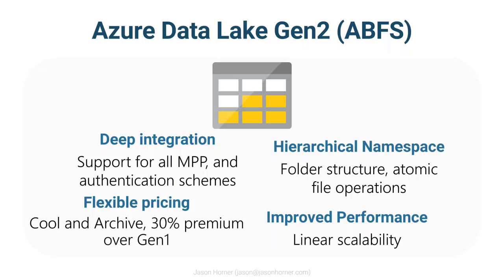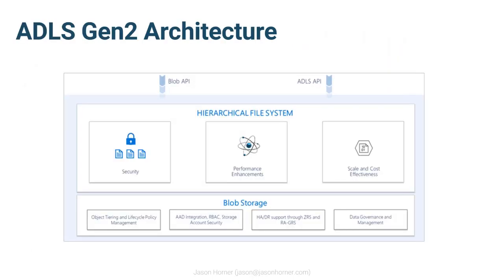So if I was going to build a data lake today, this is probably the first place I would look. And just a little note on the architecture. One of the key things about ADLS Gen 2 is you can interact with it using one of 2 different protocols or APIs. You can use the legacy ADLS API, or you can use the Blob API. That gives you the best of both worlds, being able to do administrative operations as well as connect it to analytical data stores.